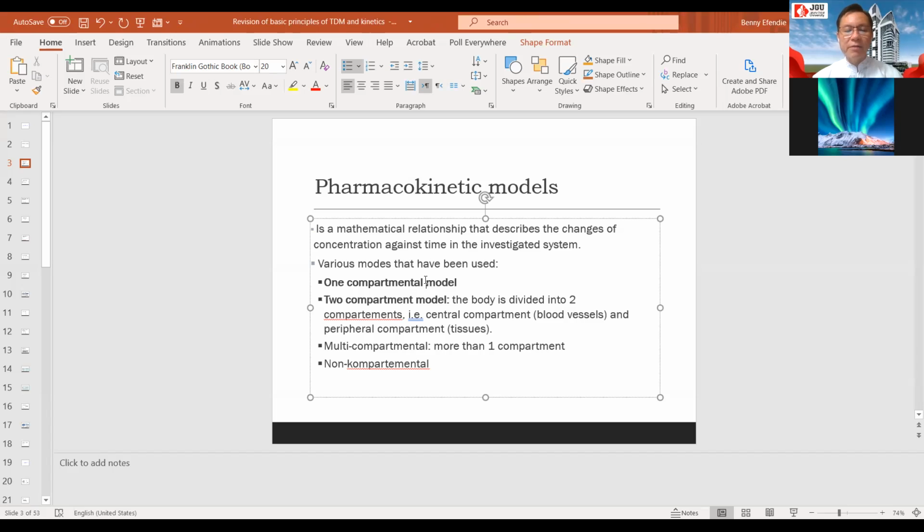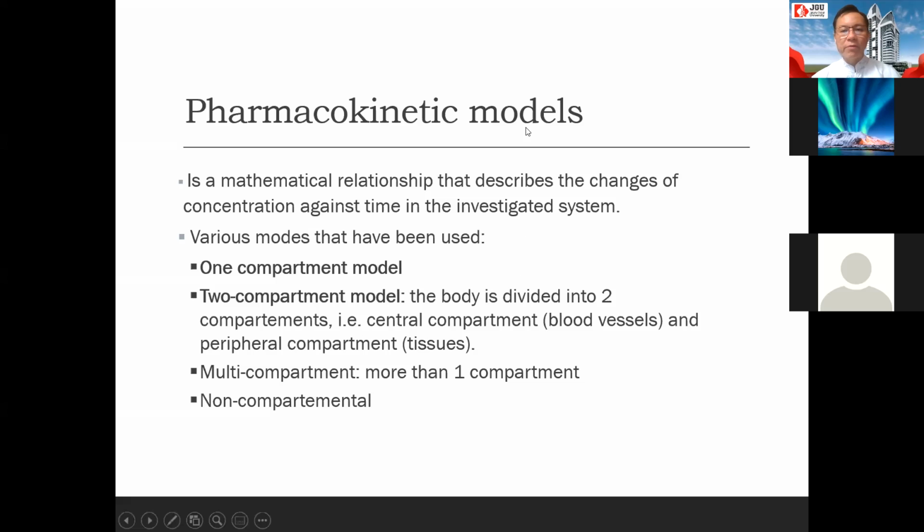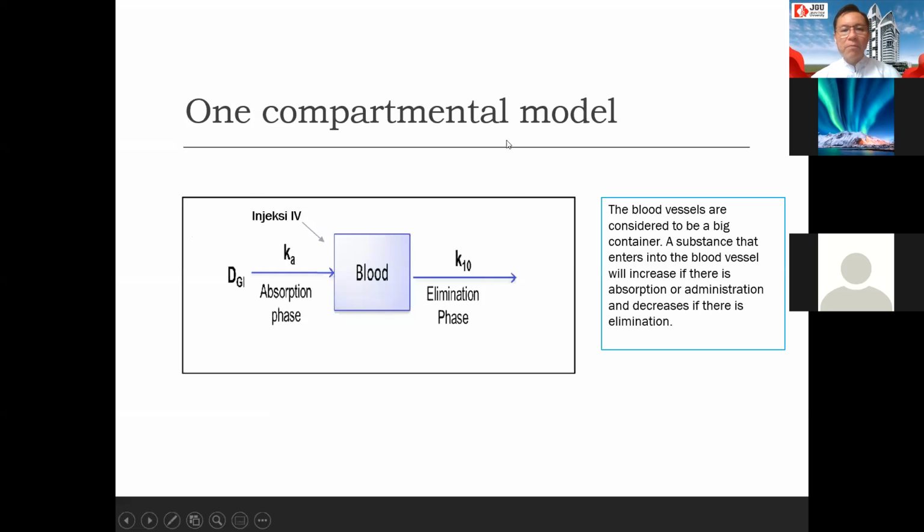So we have one compartment model, two compartment, multi-compartment and non-compartmental model. So what is this one compartment model?